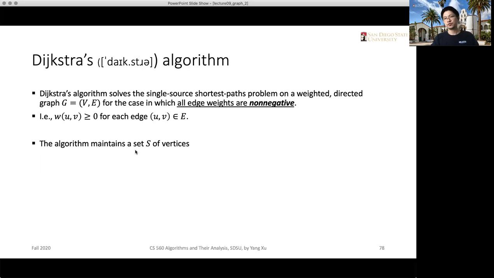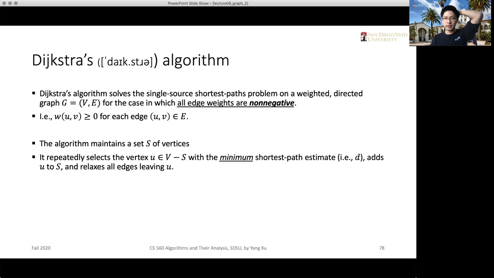What this algorithm does is to repeatedly select some vertex u from the remainder part of all the vertices. V is the total set of vertices, so V minus S means those vertices in the graph but not in the set. This algorithm will repeatedly select from the remaining parts a vertex that has the minimum shortest path estimate, which is stored in the d attribute.